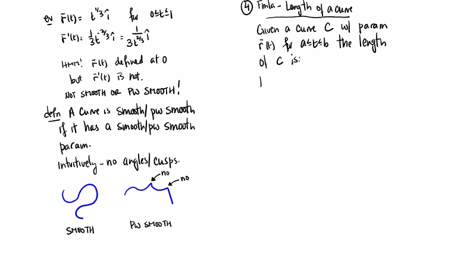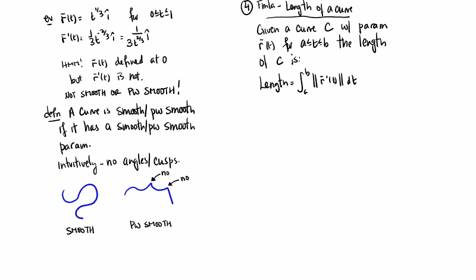So the length of C is given by the following formula. It's the integral from A to B of the magnitude of the derivative of R. Now, if you stop and you think about this, this seems like a mouthful, but it kind of makes sense.